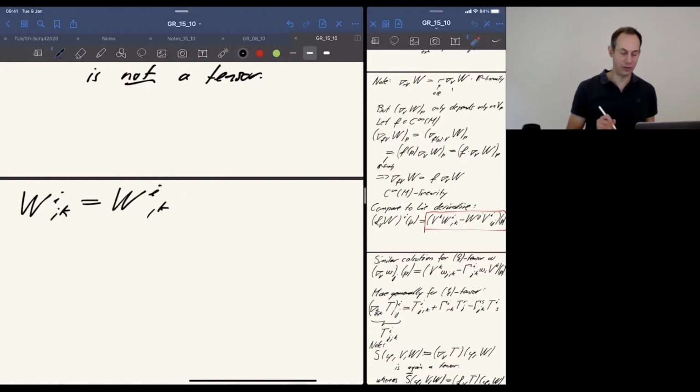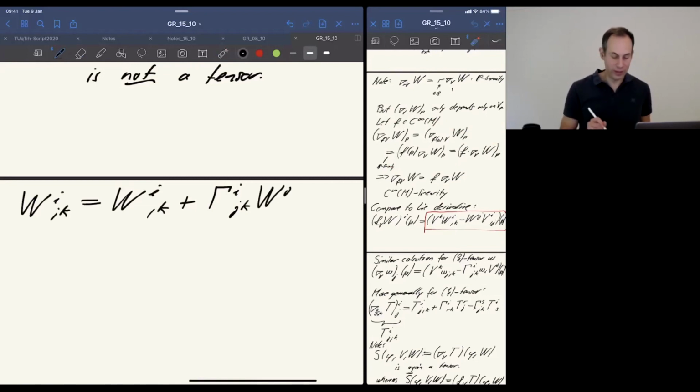First, just write it with a comma, which means it's the normal partial derivative. But then for each index that the object had, and in the case of a vector we only have an upstairs index, write the gamma symbol, and then take as the second lower index the direction in which the derivative goes, and sum over the first lower index with the given object that you want to derive. So that's the thing.